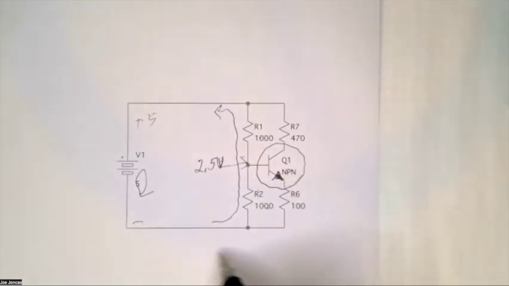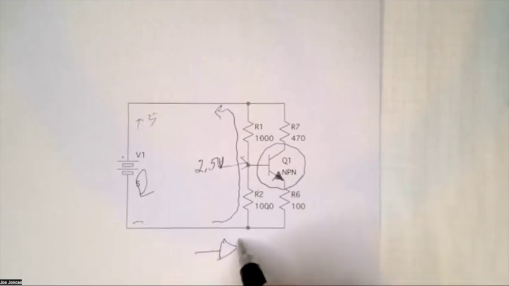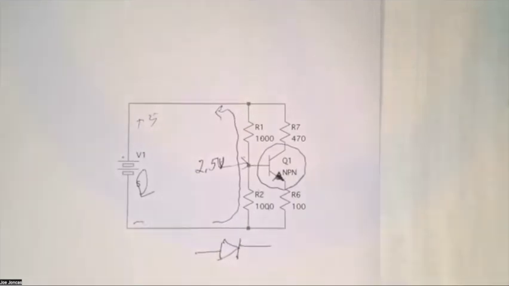You can also do diodes, which look like this. That's a junction. Hole current is going that way. Electron current cannot. Electron, sorry for my writing.